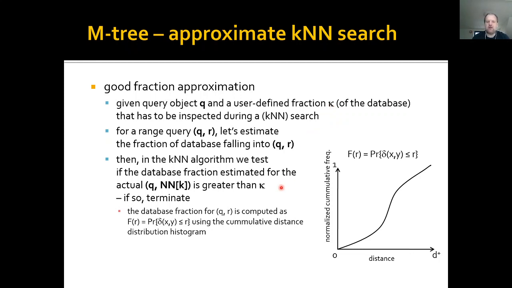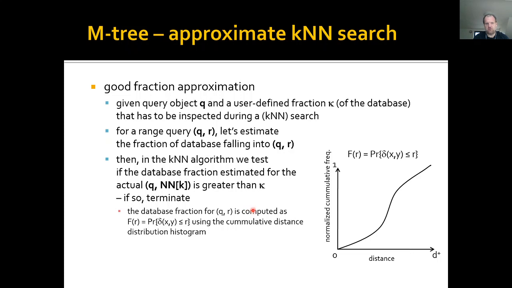So once that is exceeded, meaning 10% of the database was probably inspected using this distribution, not what was already seen, but what is under the distance constraint, in that case the algorithm will terminate.